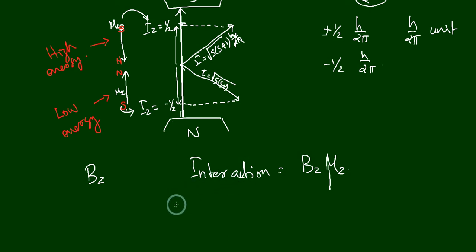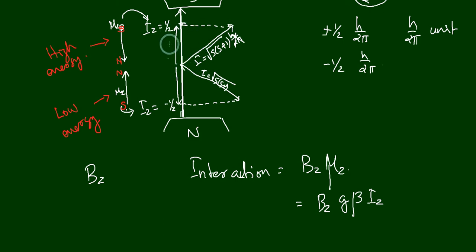Now we can give the expression for the interaction or energy, which is equal to Bz into mu z, and mu z in this case is g beta Iz, so g beta Iz into Bz, right? Here Iz is the component of root of S into S plus 1.